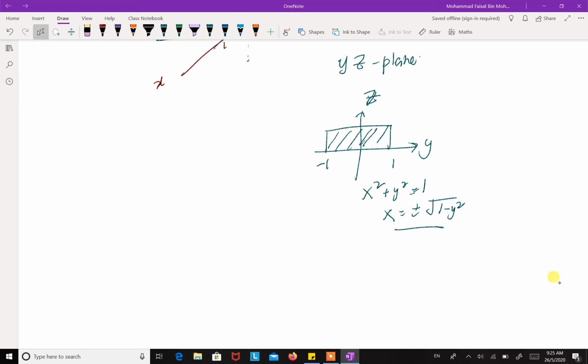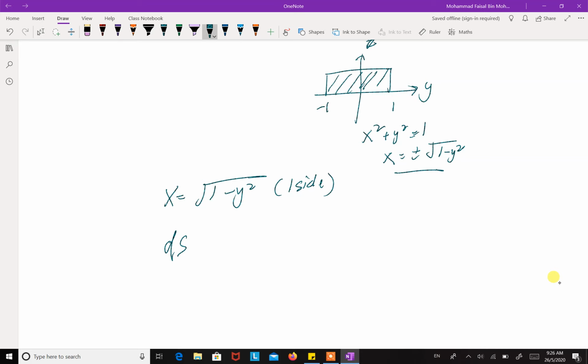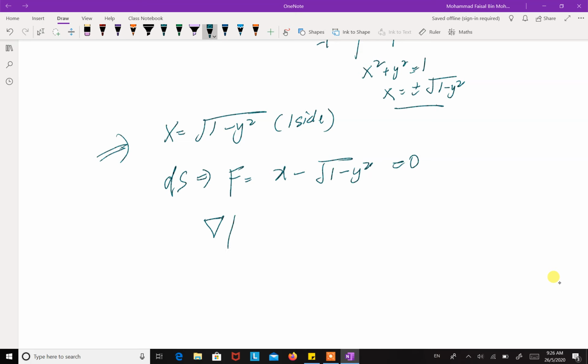Let's say I just choose x equals square root of 1 minus y squared, one side. Then to find dS, I have to find the function first. f equals x minus the square root of 1 minus y squared. So this is in implicit form, and I have to find the gradient.